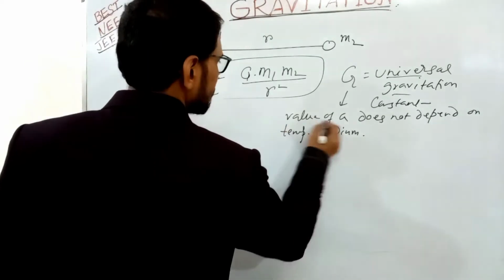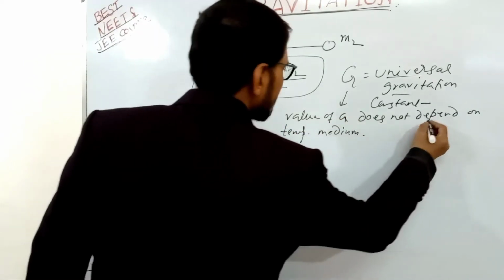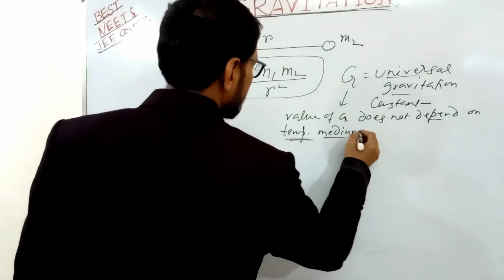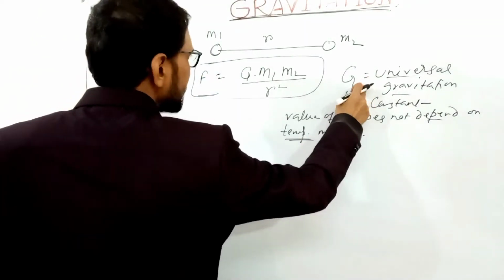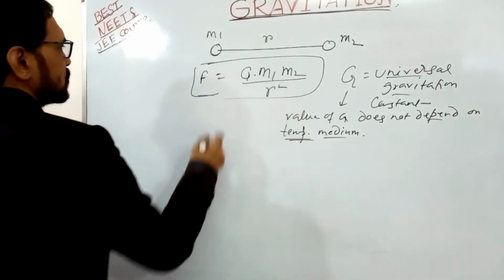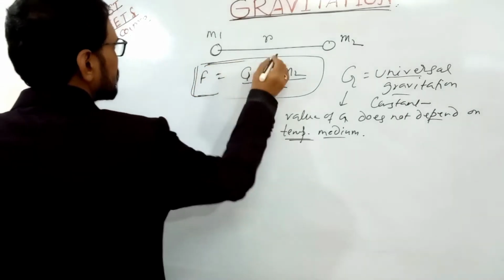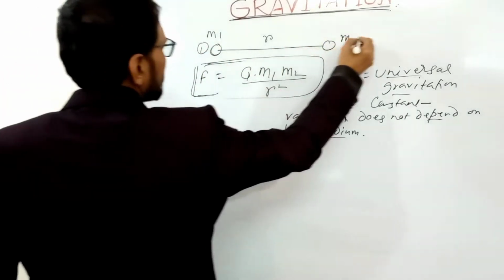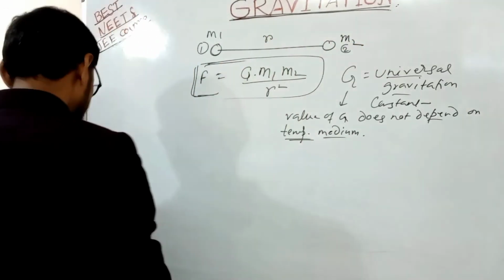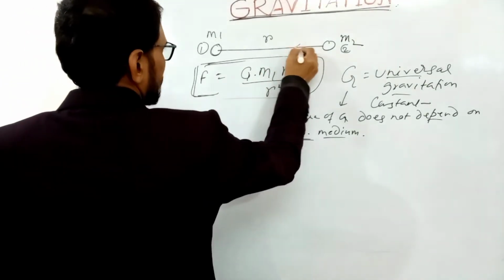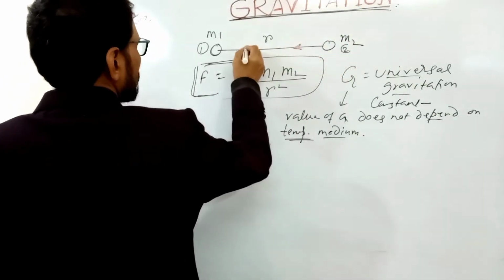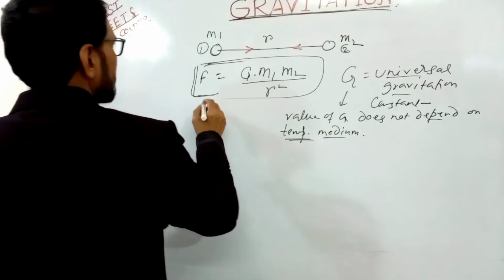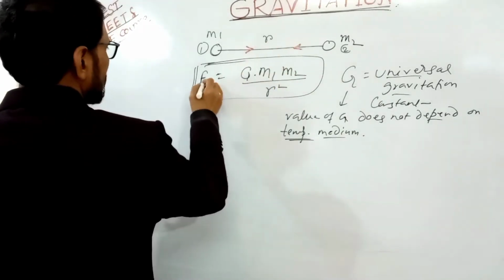So the value of G does not depend on temperature, medium, etc. That's why it is called universal. This force is always attractive. If two bodies are separated by distance r, then the force on m2 and the force on m1 will be the same, equal to F.